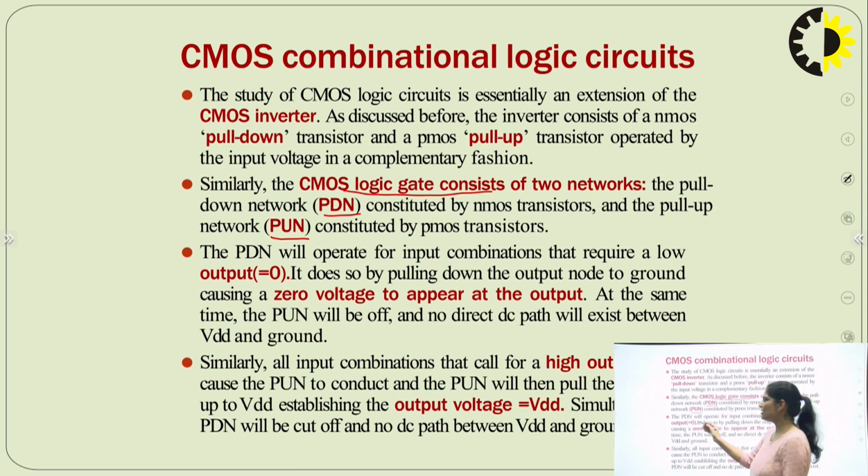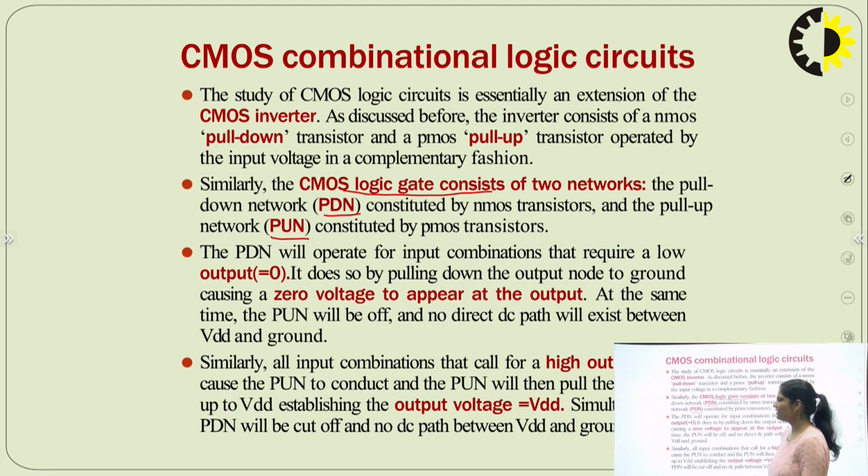The pull-down network will operate for input combinations that require a low output.